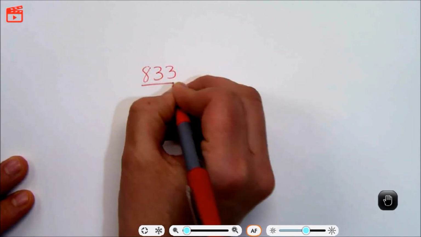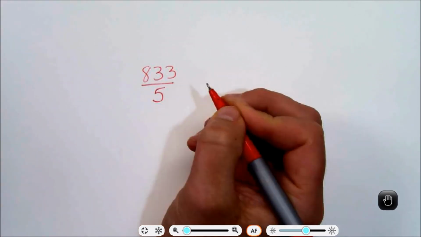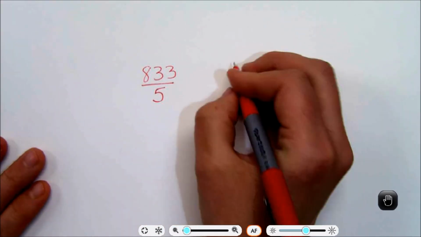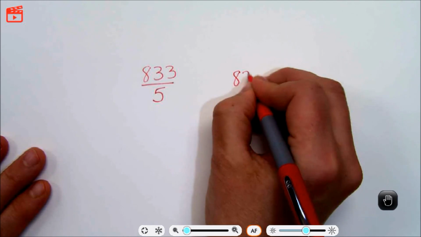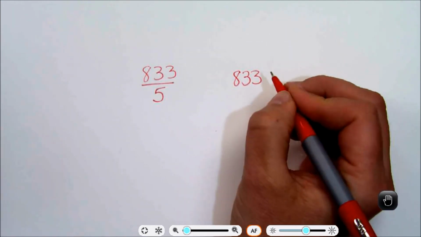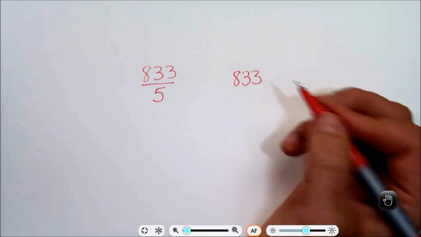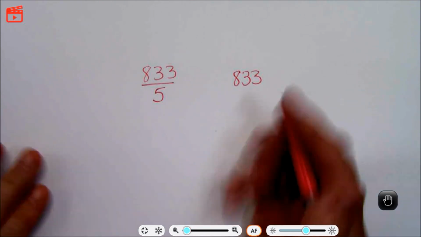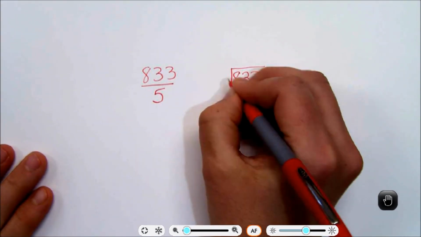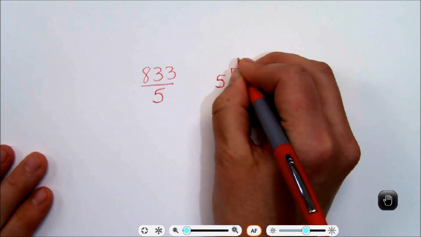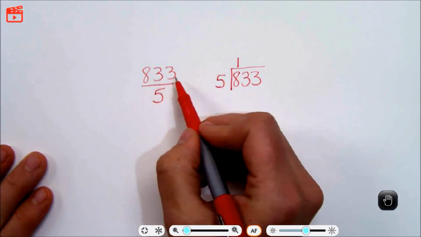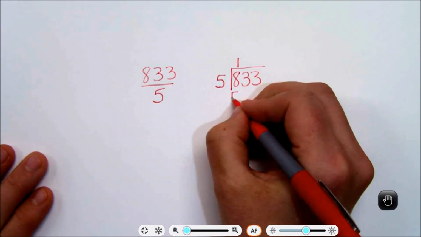All right, so we had 833 over 5. We cannot leave our answer like this. We are going to turn it back into a mixed number. Sometimes your book will allow this, sometimes it won't, but I'm going to change this back into a mixed number. All we do is divide the numerator by the denominator.